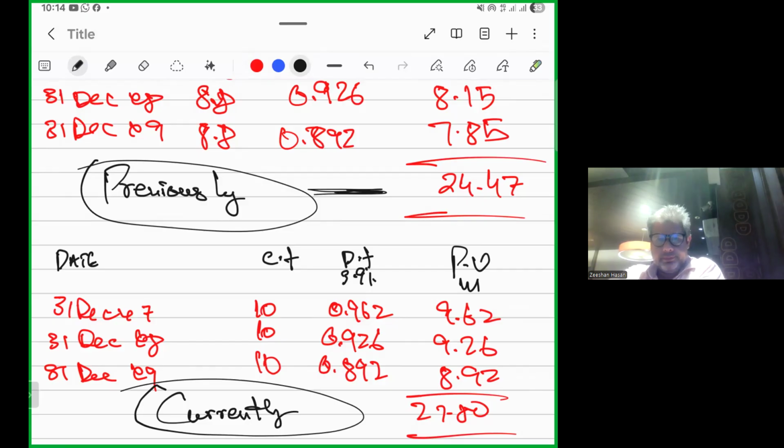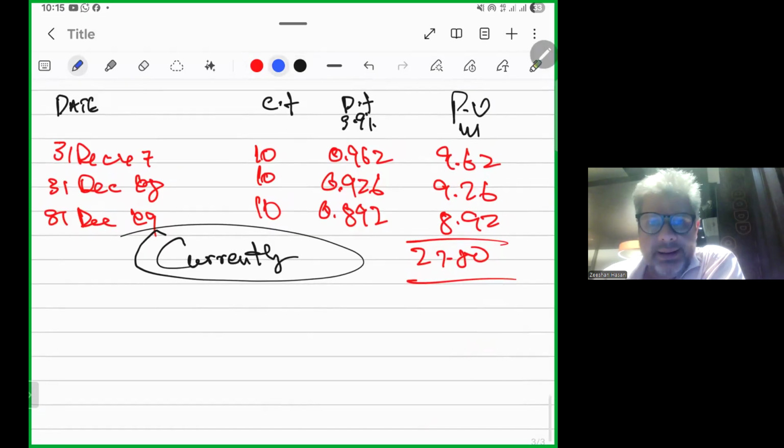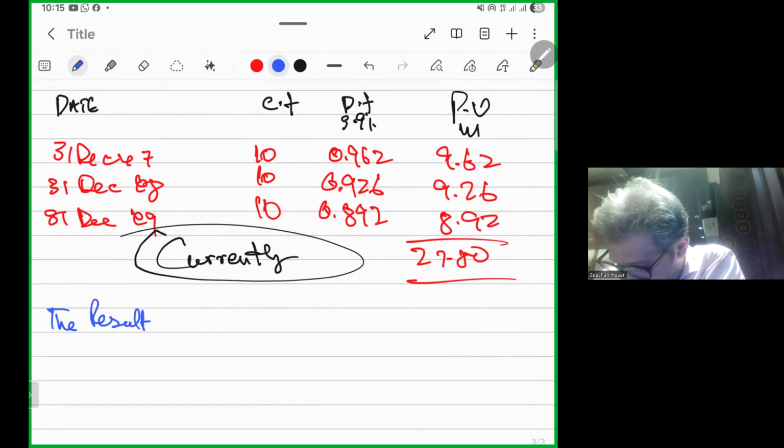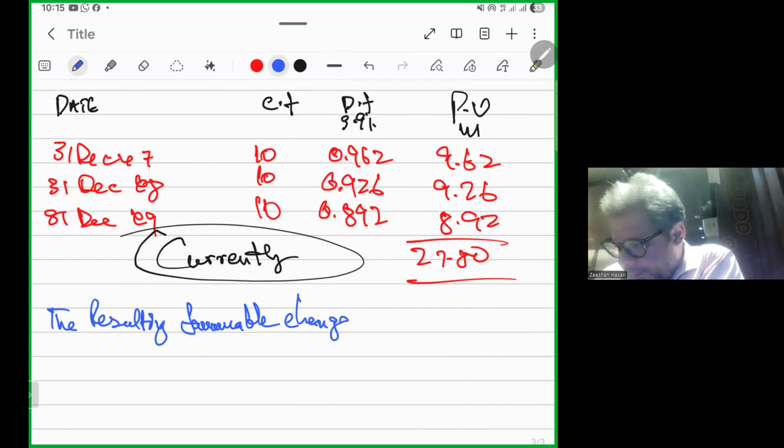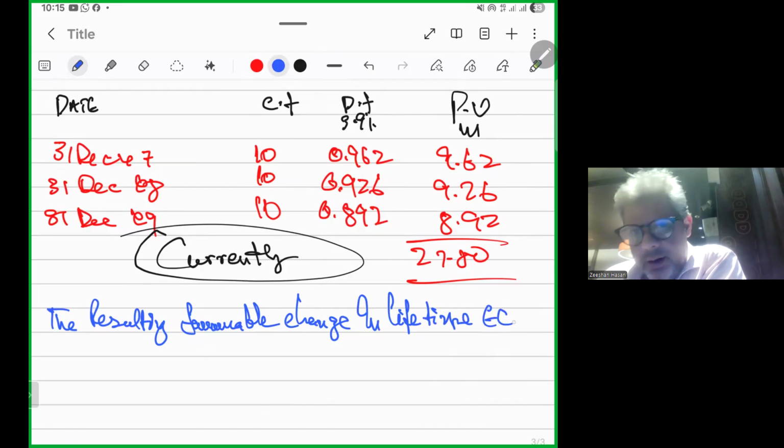Finally, what we will say is that the resulting favorable change in lifetime expected credit losses is therefore $3.34 million.